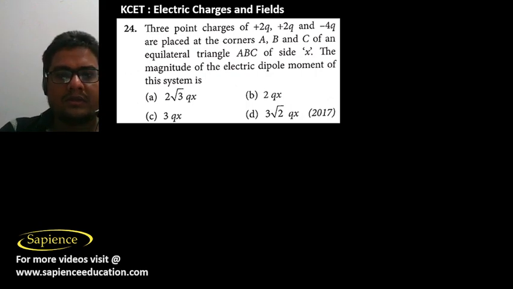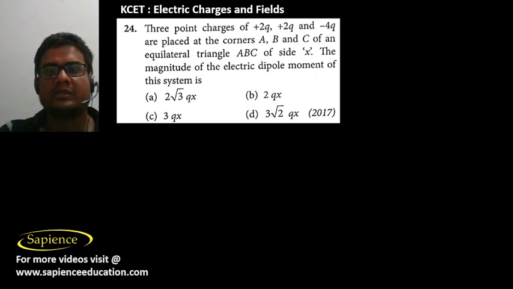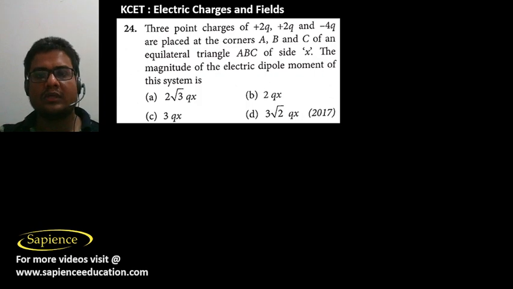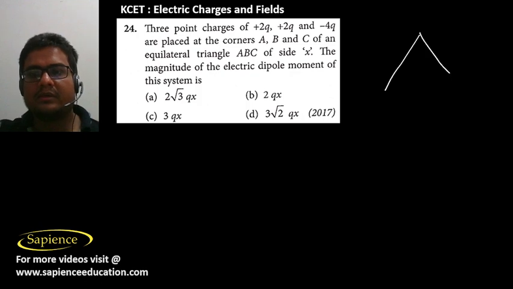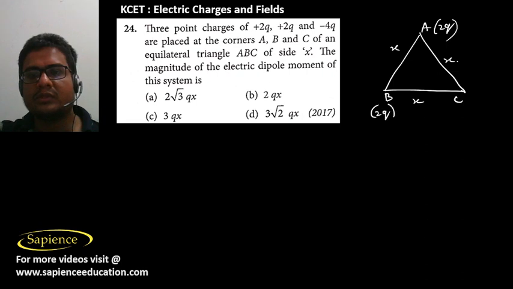Three point charges Q, 2Q and minus 4Q are placed at the corners A, B and C of an equilateral triangle of side length X. The question is the magnitude of the electric dipole moment of this system.